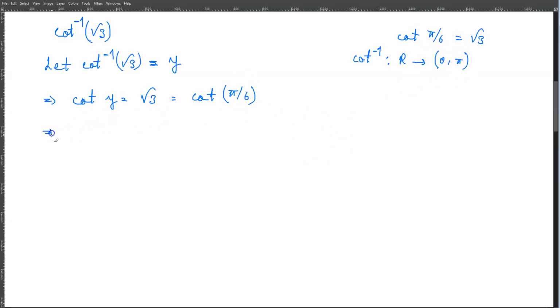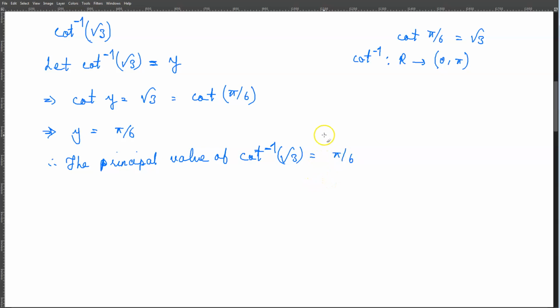So I can say that y is equal to pi by 6. And therefore, the principal value of cot inverse of square root of 3 is equal to pi by 6. That was question number 8.